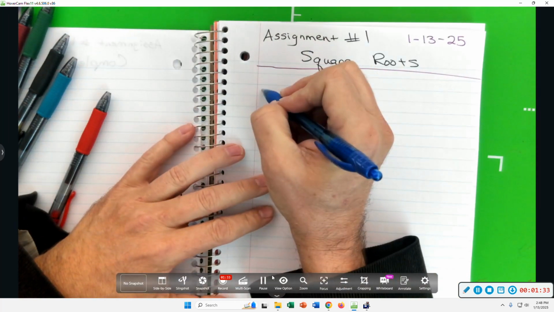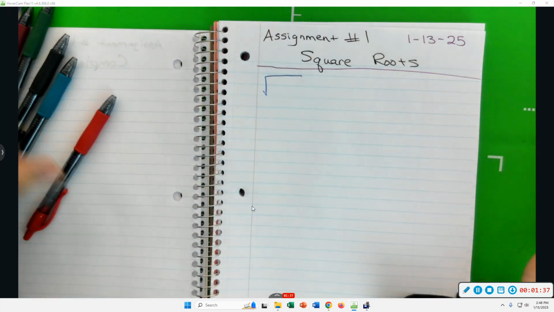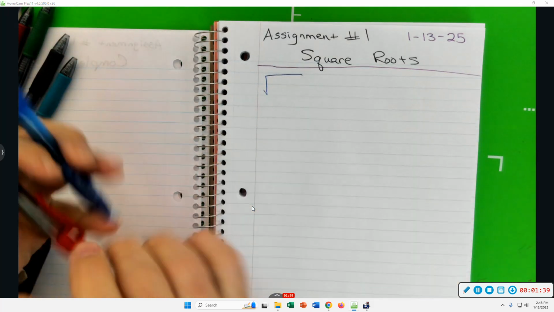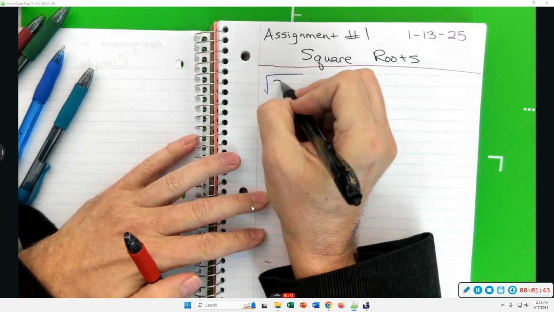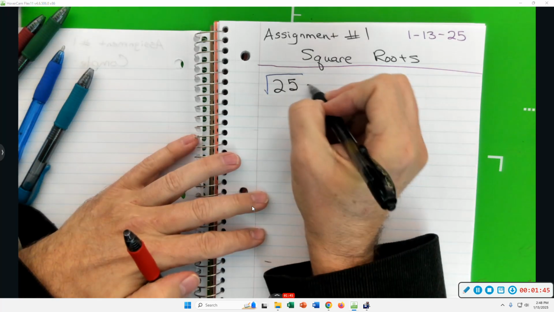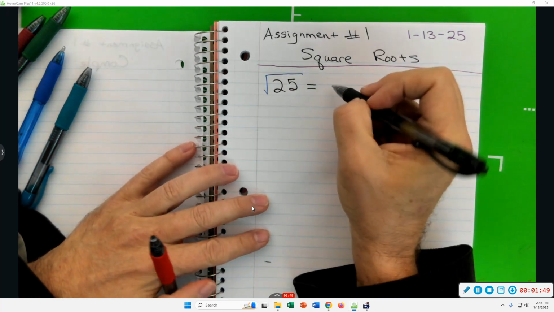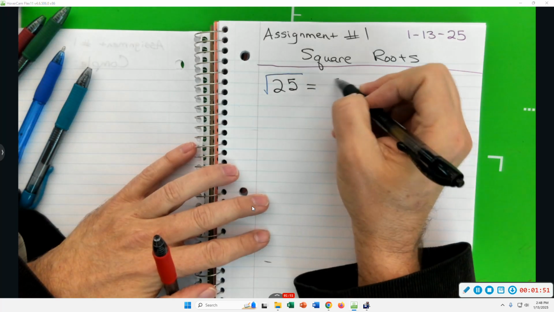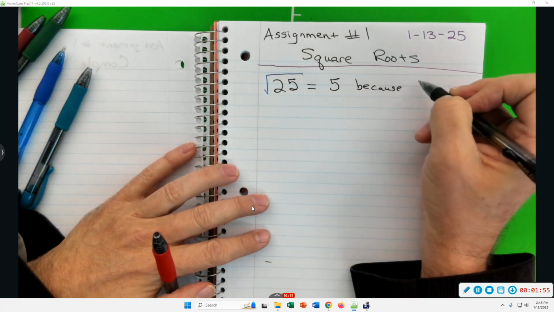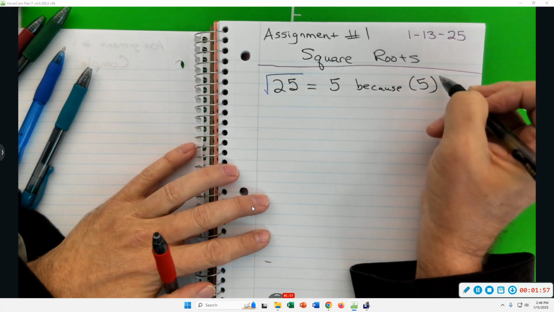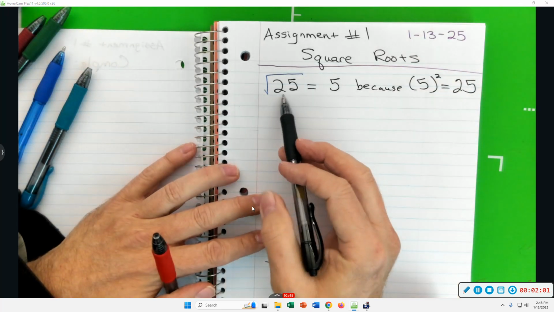This symbol that I'm drawing is called the principal or positive square root, or just square root. And to illustrate that, the square root of 25 is 5 because if you take 5 and square it, that gives you the number under the square root symbol.